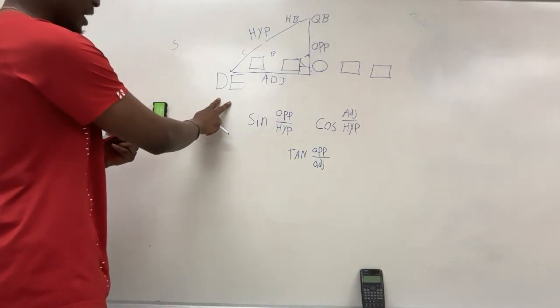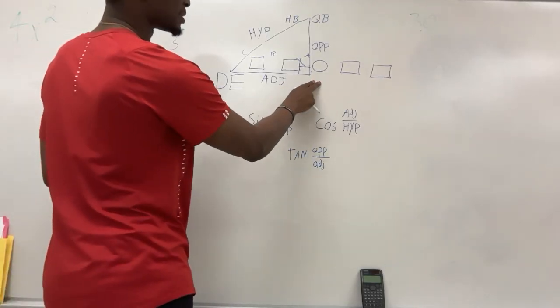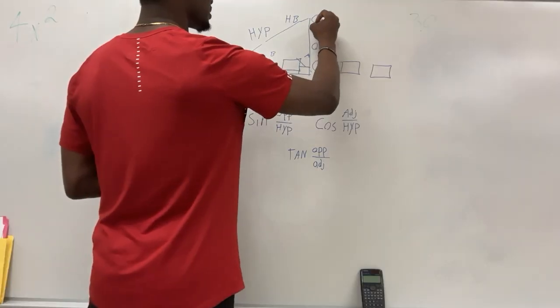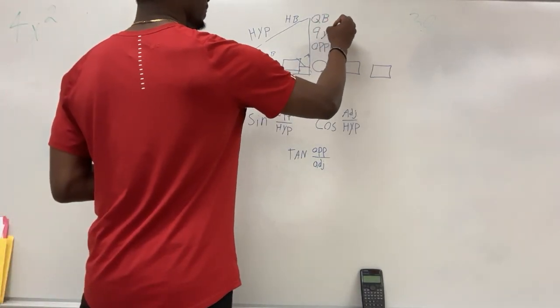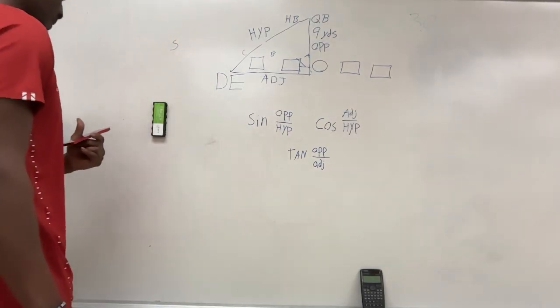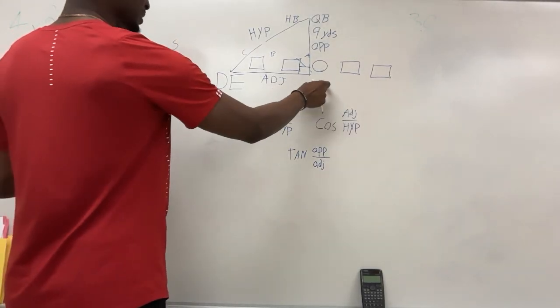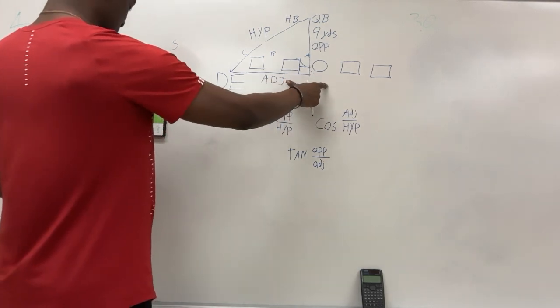You've got 9 yards to be able to go downfield. So if I'm looking at my opposite side, for me to go all the way to my quarterback, right here, this is 9 yards. To know the depth to the quarterback, let's say my adjacent side, so how wide I am, this is 12.